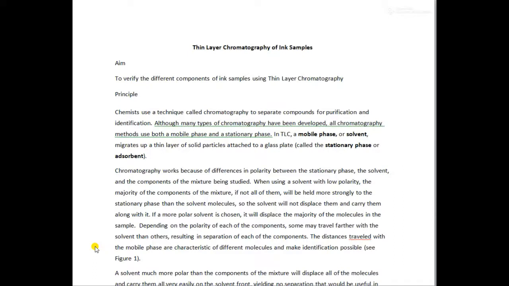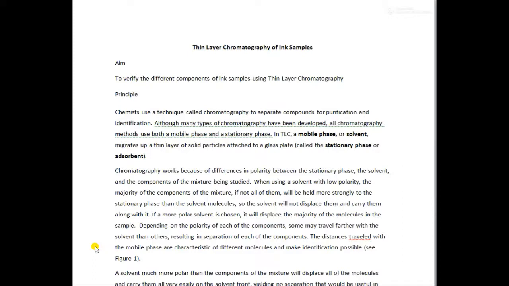Now, the basic principle of any chromatographic technique is mainly the separation of components based upon their polarity between the stationary phase, the solvent, and the components of the mixture being studied. If you take an ink sample, it will contain different components, and they get separated as they move along the stationary phase along with the solvent.